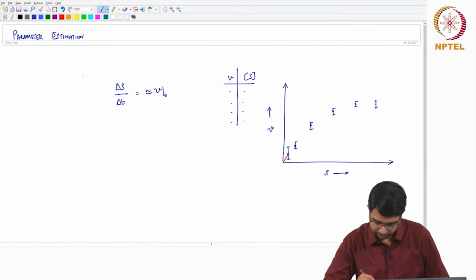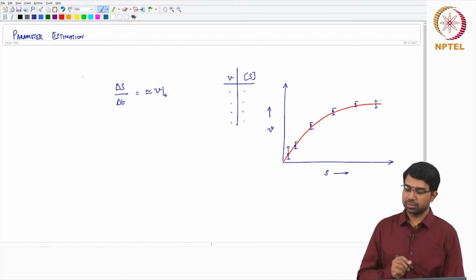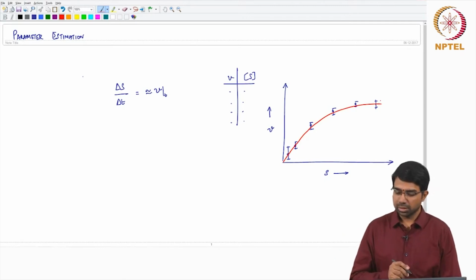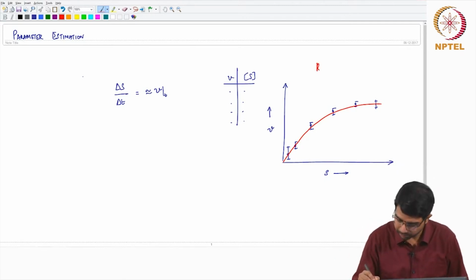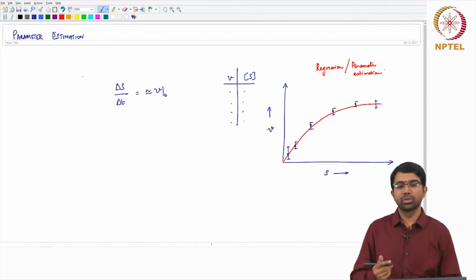You may want to fit a curve that looks like this. This is essentially parameter estimation. How do you do this?